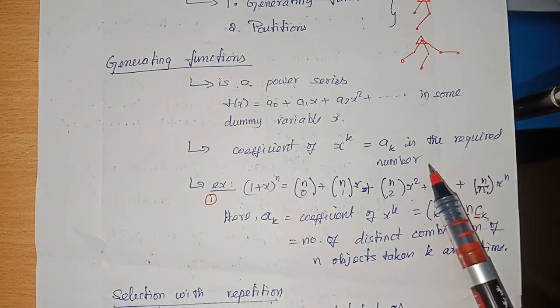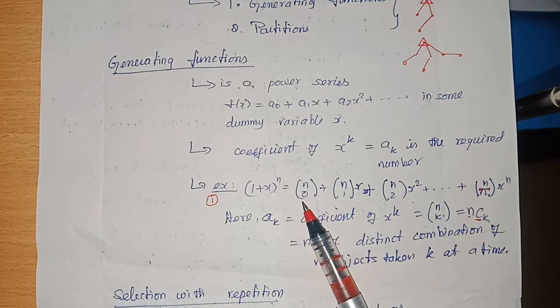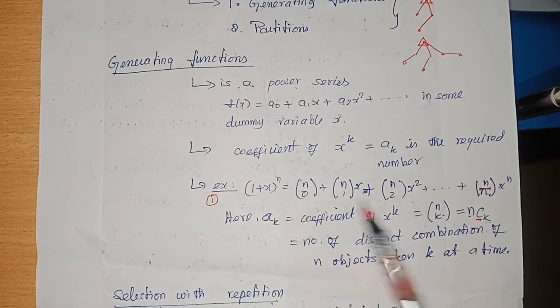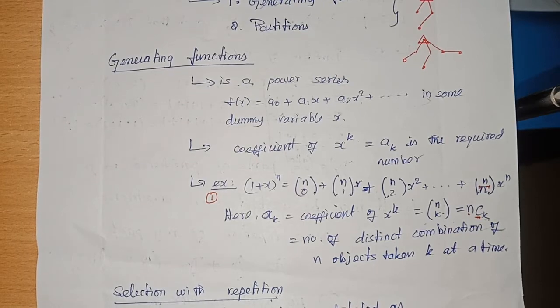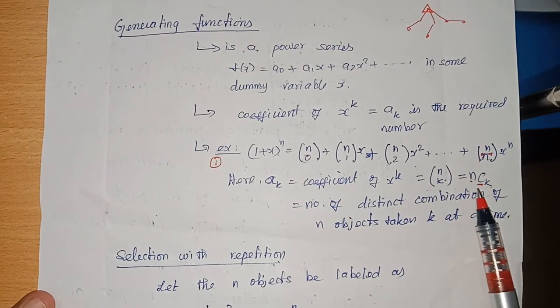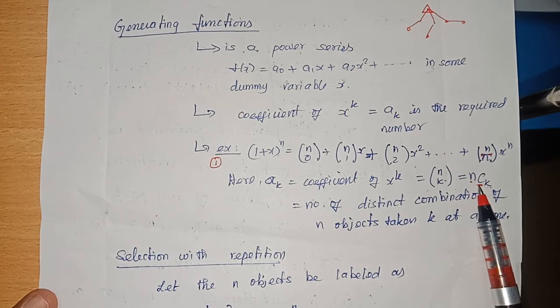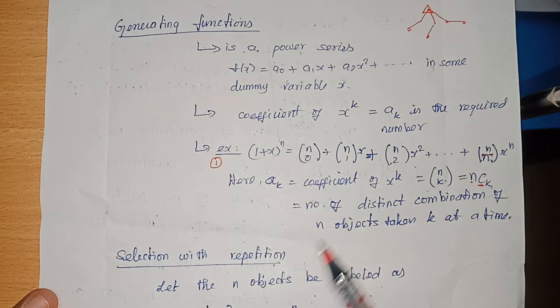So, I have given an example for a power series, and I have mentioned about the coefficient. The coefficient here is nCk. Here it represents the number of selections. Now this is valid only if we select different items out of n objects.